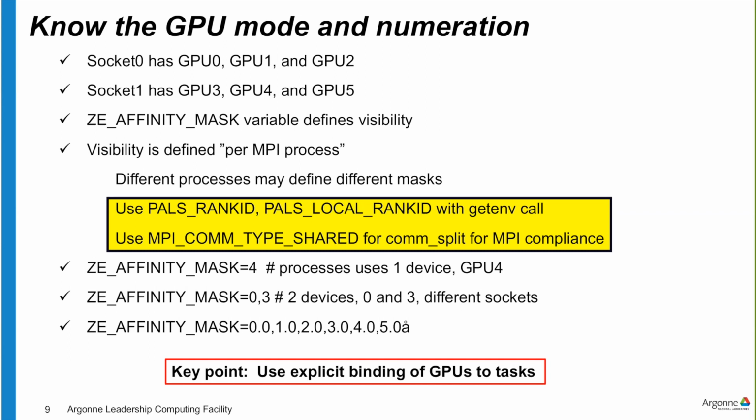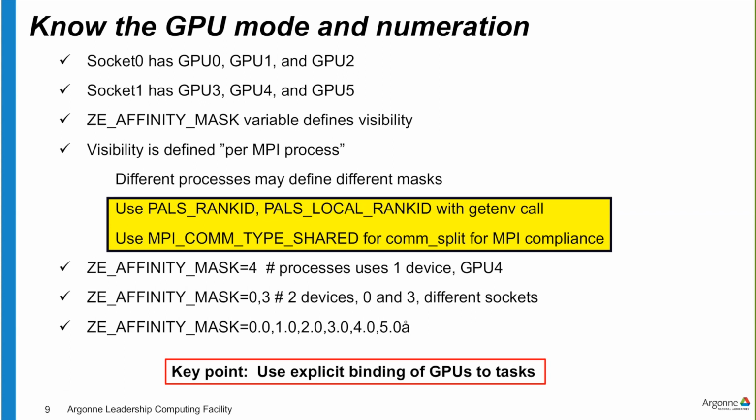Of course, different MPI processes may know where they are located, and the PALS interface, the parallel application launcher system which comes with Cray, provides a few variables such as PALS rank ID and PALS local rank ID, which you can access through a getenv call and identify which MPI process is running in a specific place and which affinity you've been using for this MPI process.